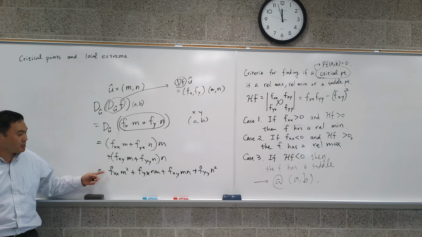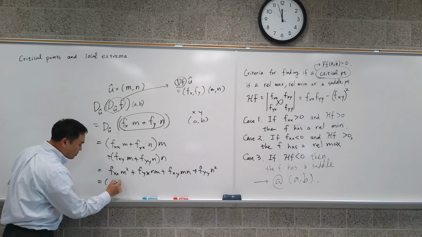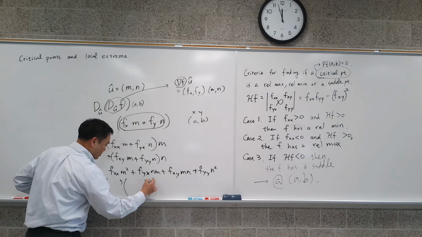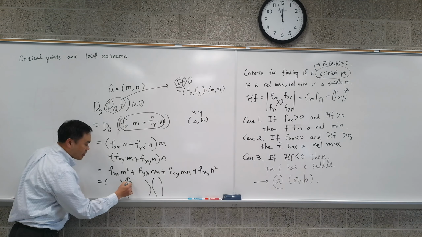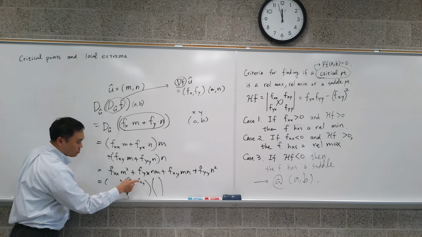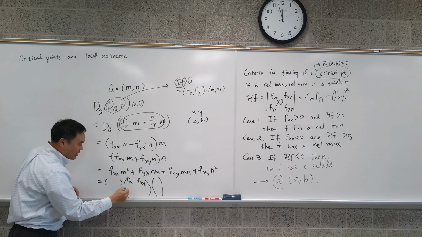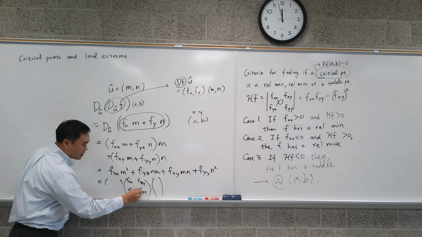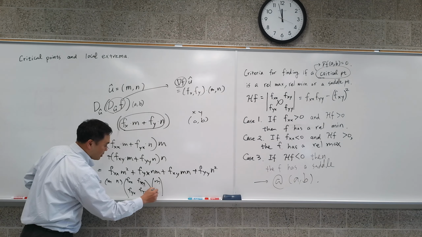And then a nice way to repackage this is by using this matrix form, which is you put fxx, fxy, or should it be yx? Now it might be yx, but it's okay because they are the same. fyy, and then you put (m, n) here, (m, n) here.